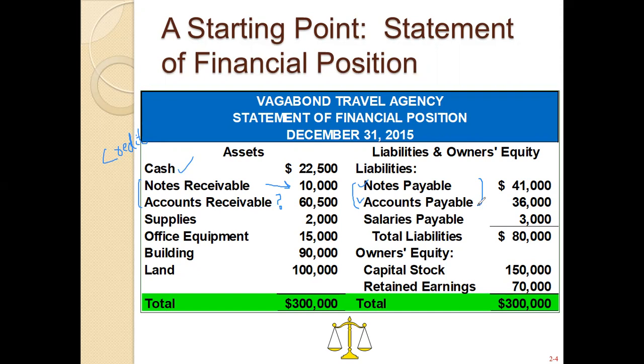Maybe you purchase 20,000 worth of goods, but you pay just 10,000, or maybe 15,000.